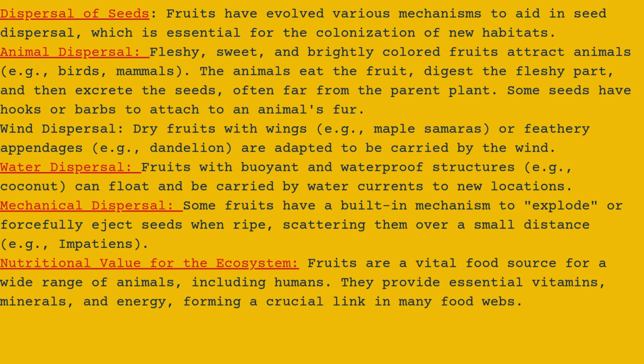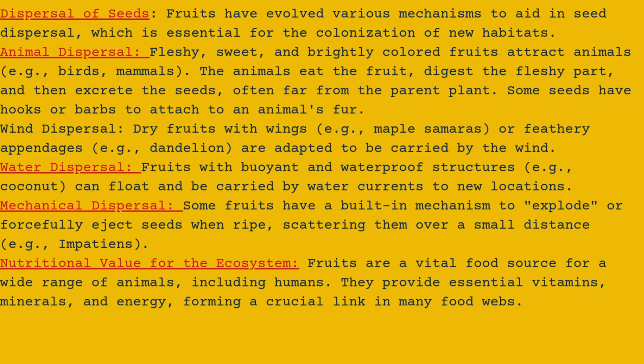The next is wind dispersal. Dry fruits with wings, for example maple samaras, or feathery appendages, for example dandelion, are adapted to be carried by the wind. The next is water dispersal.